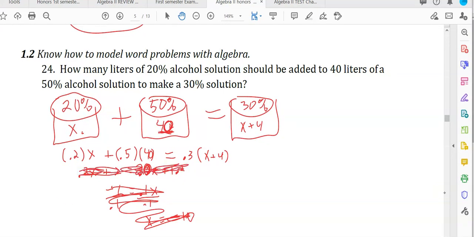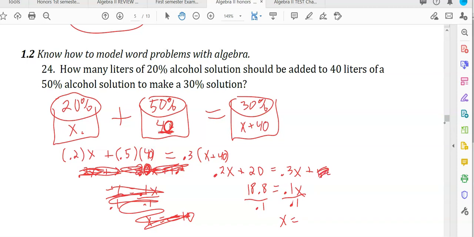So if we work on this, this is going to be 0.2x plus 20 equals 0.3x plus 1.2. So now when I do this, I subtract 0.2, so that's 0.1x. Subtract 1.2, we get 18.8. Divide by 0.1, we get x equals, so this one is 40 also.